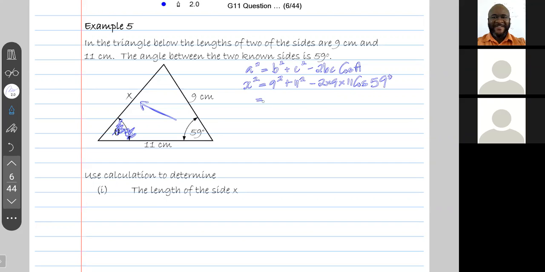This is 81 plus 121 minus 2 times 9 times 11, which is 198, the cosine of 59 degrees.